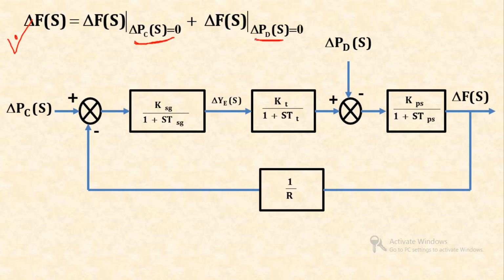That means we consider an individual input and the remaining input will be equal to 0. This is the value of delta f of s when only delta Pd of s is available, because in this case delta Pc is equal to 0. And this is the value of delta f of s when only delta Pc of s is available, because in this case delta Pd of s is equal to 0. So we have to find delta f of s two times: first when Pc of s is equal to 0, second when Pd of s is equal to 0.